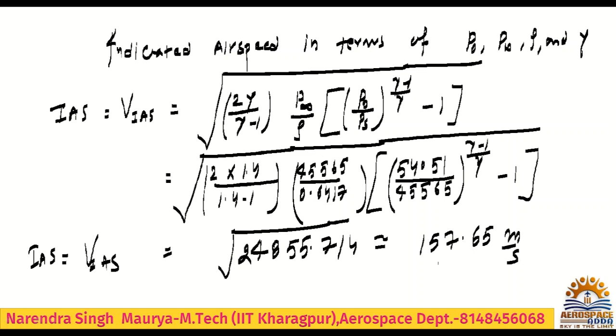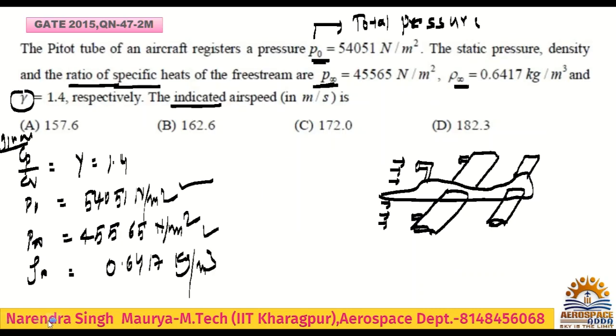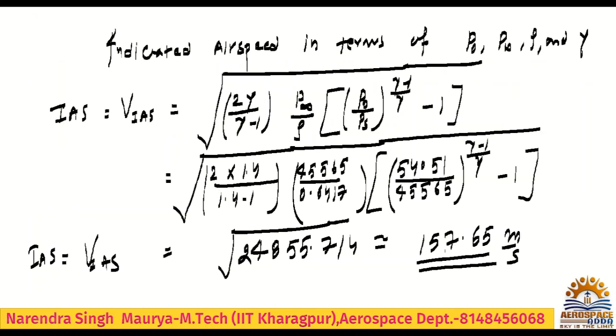Check if any option is there. 157.65, the first option is exactly the same. So what is the correct answer? Option A.